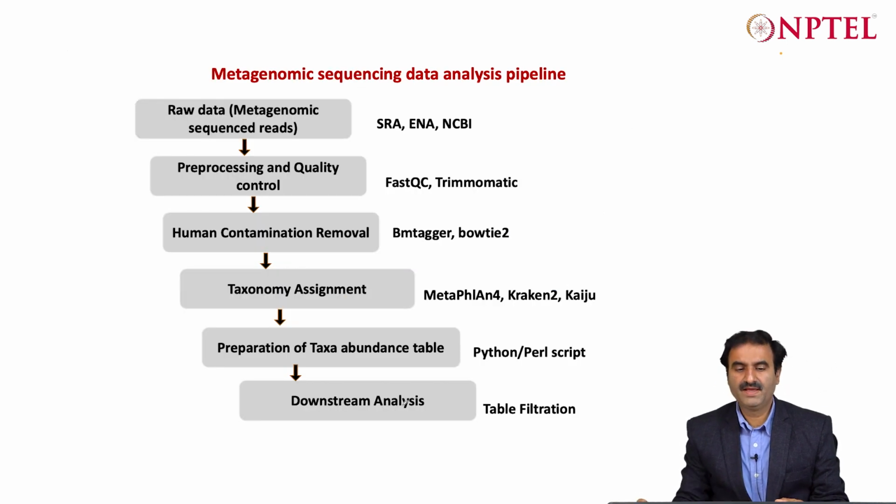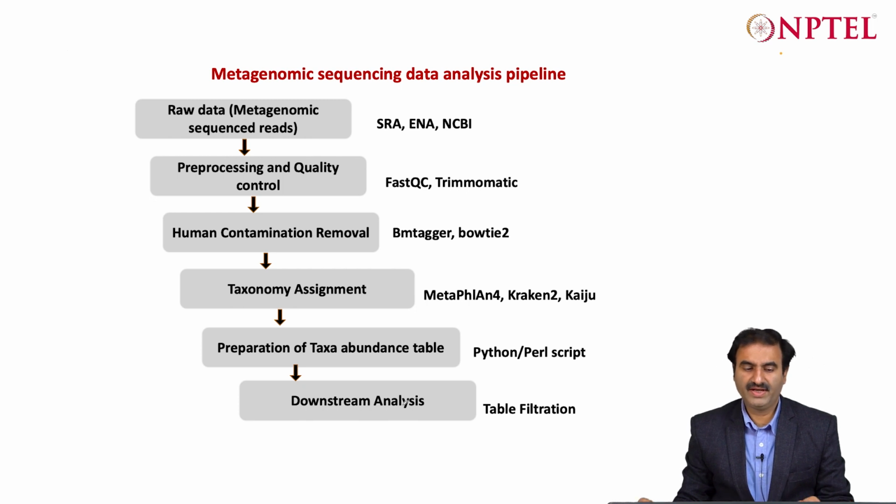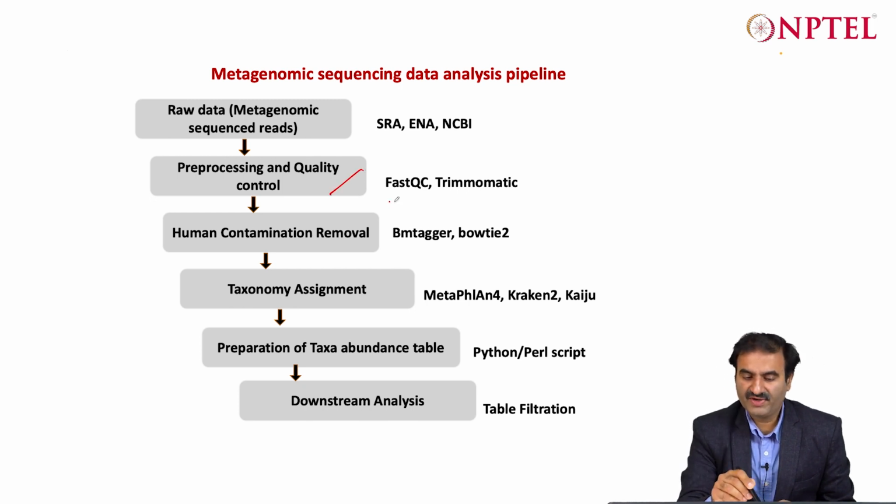And for the metagenomes, again, either you generate your own data or take it from a publicly available database and do the quality filtering using FastQC and Trimmomatic. That we have also discussed many times in the case of prokaryotic and eukaryotic genomes, right?